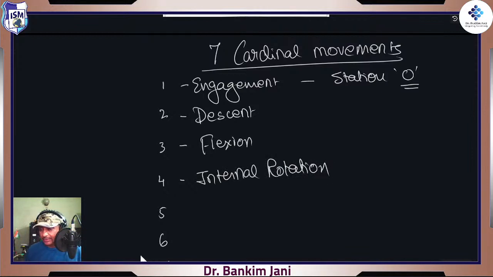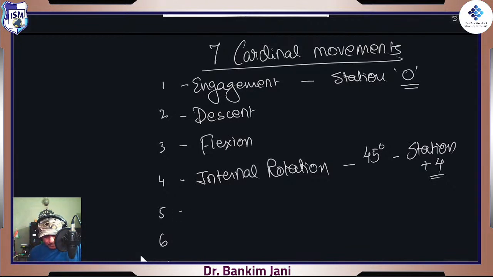In this case, this is a 45-degree rotation. And how do we know that this is 45? Because at this point of time we are at station plus 4. That means 4 centimeters from the interischial spine plane, right? At station 4, so there is internal rotation.